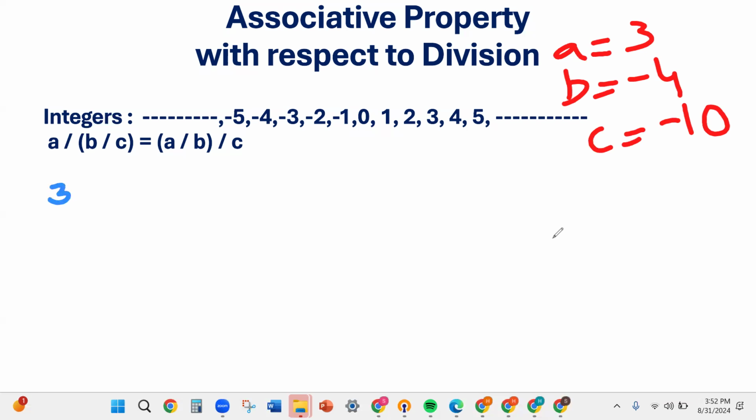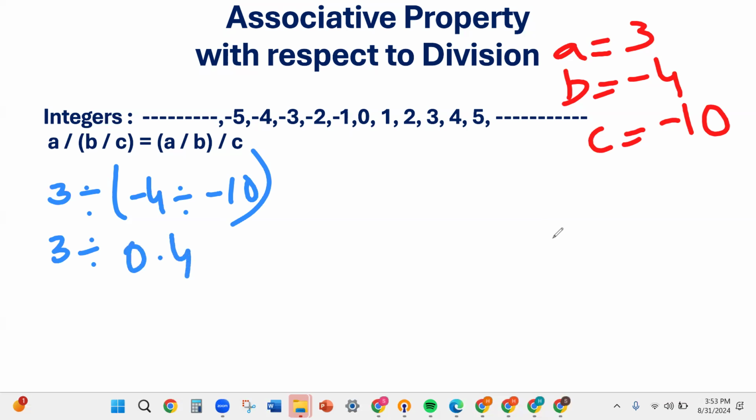A is 3, B is minus 4, and C is minus 10. 3 divided by 4, minus and minus cancelled, and 4 divided by 10 is 0.4. Now solve. 3 divided by 0.4 is 7.5.